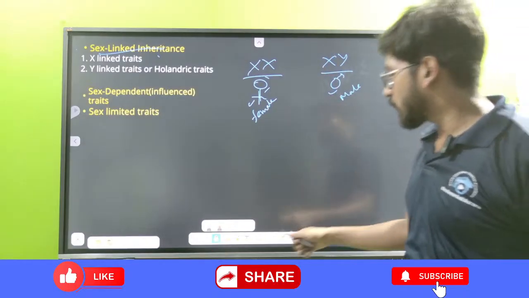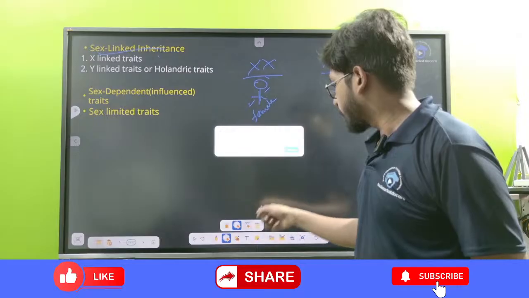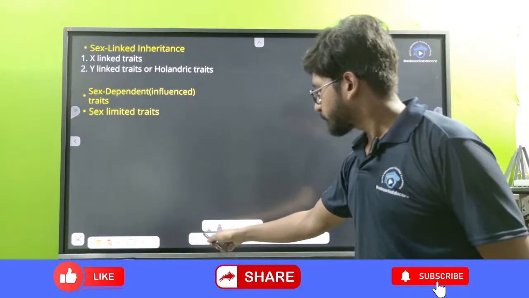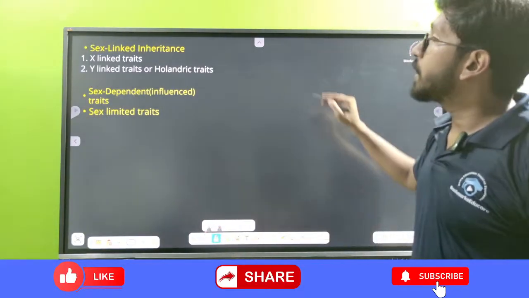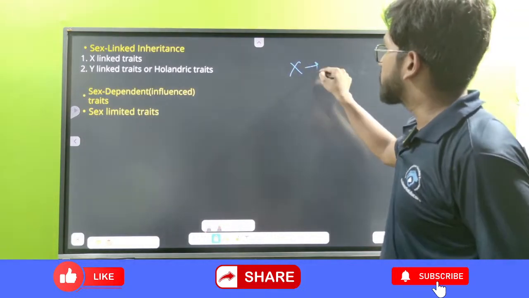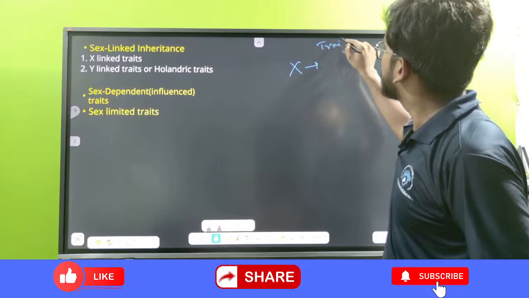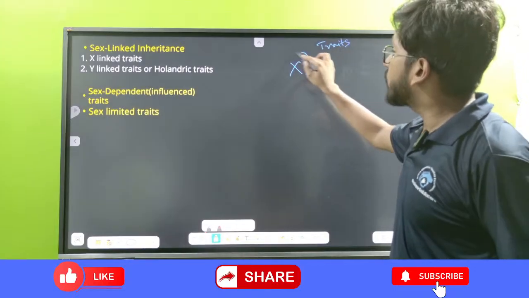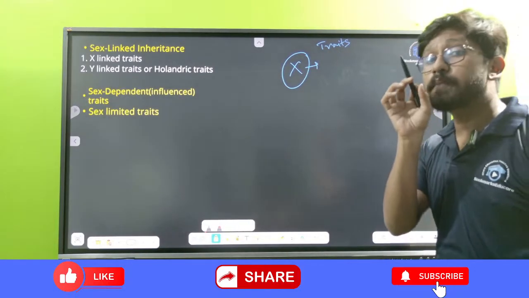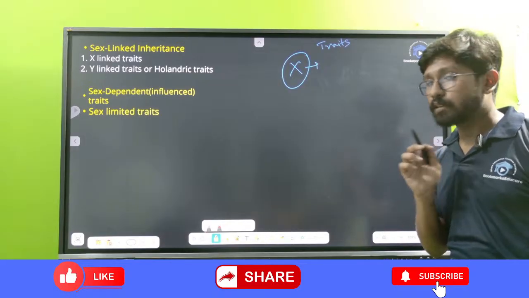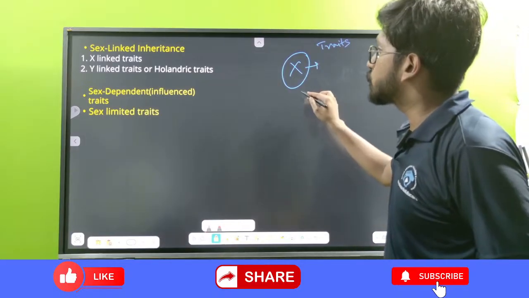Sex linked inheritance में क्या होता है? Sex linked inheritance में you get some X linked traits, means these characters or these traits are connected to the X chromosome itself. Okay, they are connected to the X chromosome.